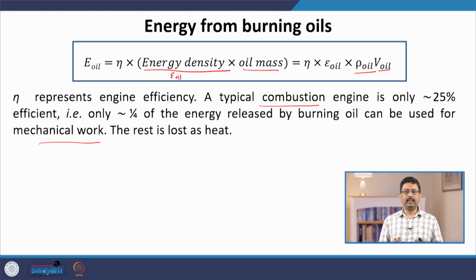A lot of the energy, in fact most of the energy, gets lost as heat or sound and so on due to friction. So, a typical combustion engine is only 25% efficient, which means the car can use only 25% of the energy from the oil to move the car. Hence I add a factor eta, which represents the engine efficiency, as a correction factor.